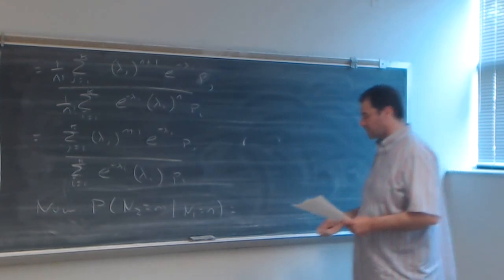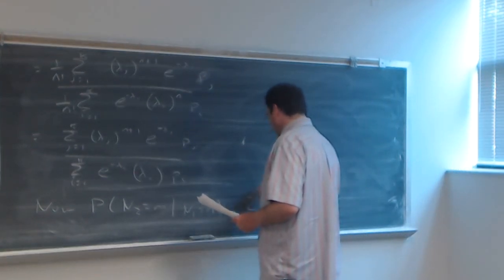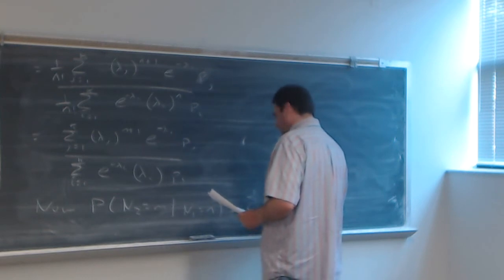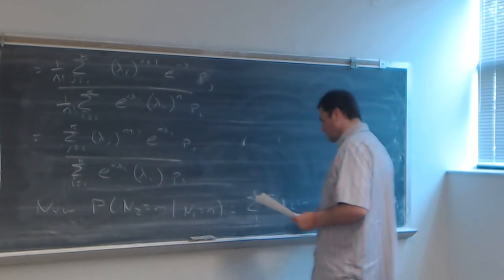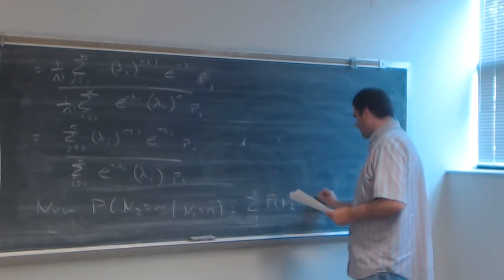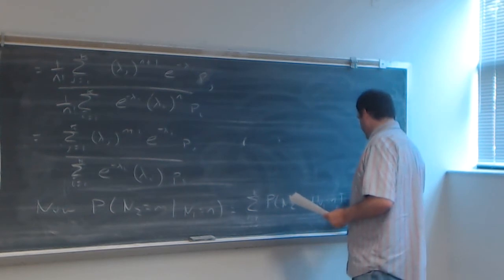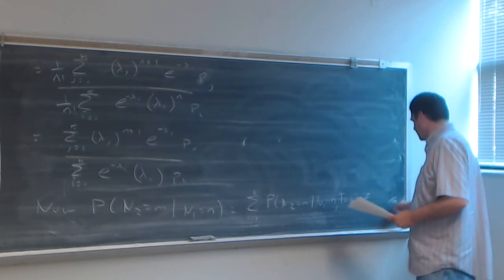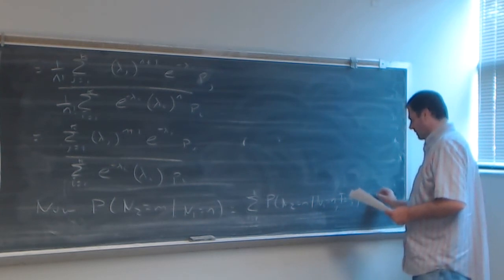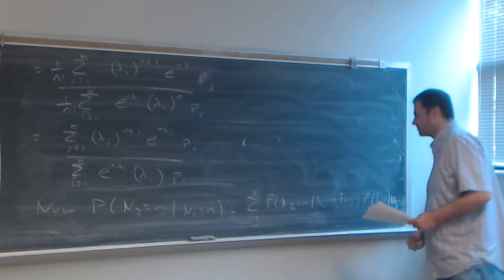That can be shown to be equal to the sum as j runs from 1 to k of the probability that n sub 2 equals m, n sub 1 equals n, and introducing the T equals j, that's in the given part, times the probability that T equals j given n sub 1 equals n.